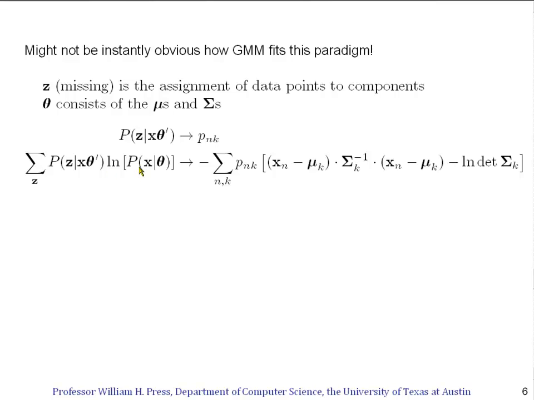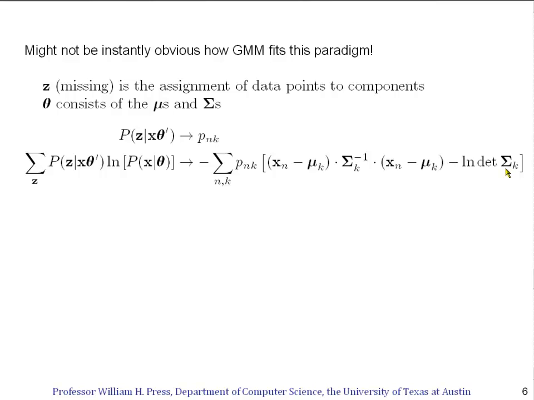So now the log of the probability of a data point lying at position x, given the parameters of the model, is just the log of the probability of the data in a particular Gaussian. Why just one of the Gaussians? Because here is where we're taking the expectation over the different possible assignments z. And the log of the probability of a single Gaussian is just this familiar thing where this looks like that thing in the exponential of the Gaussian, and this is that thing that lies outside that takes care of the normalization.